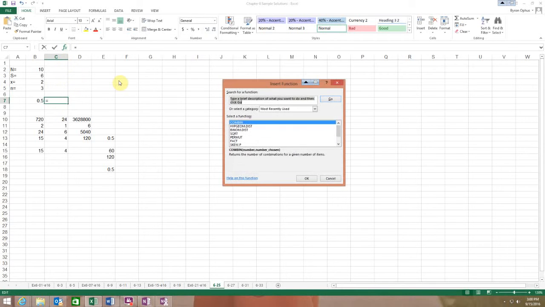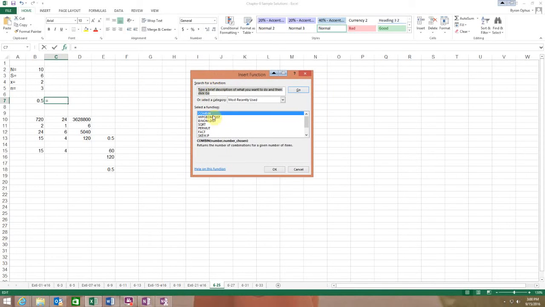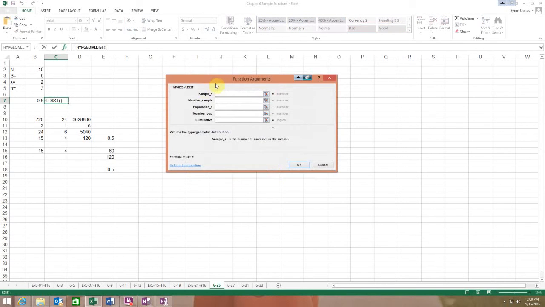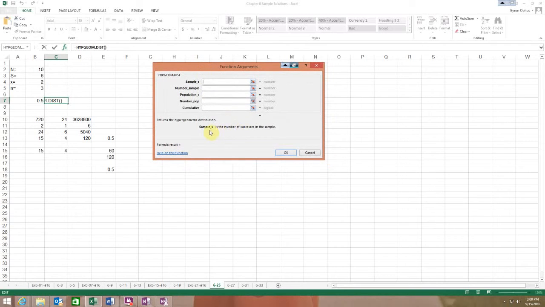Now the only problem with Excel is making darn sure that we got everything in the right order. And so I'm leaving my original one up there so I can hopefully come back and check on myself. But if we go to statistical, it should be under statistical, I'm thinking. Hypergeometric distribution. Okay, it says the sample S is the number of successes in the sample.